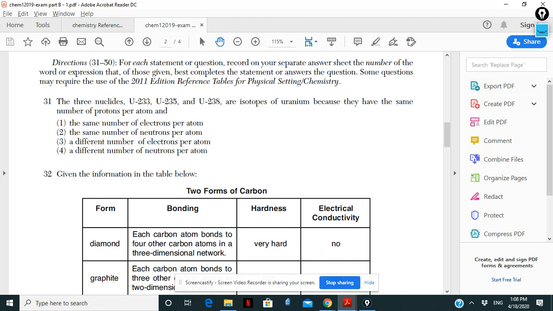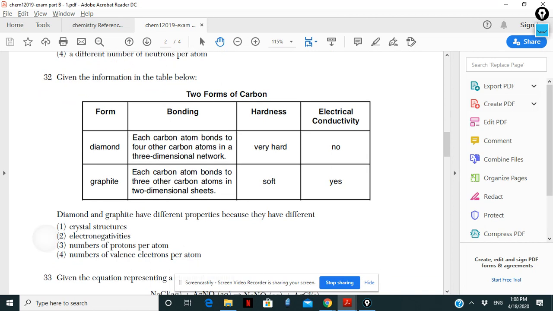Looking at all of them, they have the same number of protons but a different number of neutrons. Isotopes mean same number of protons, different number of neutrons. So the answer must be number 4. Isotopes don't relate to electrons anyway. So the answer is 4.